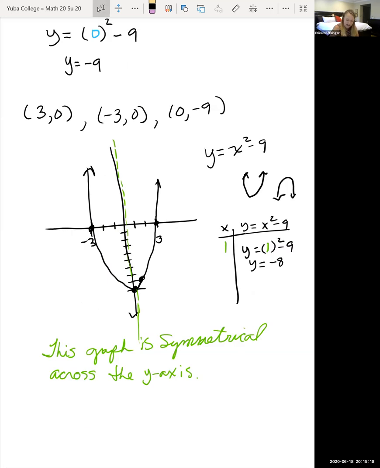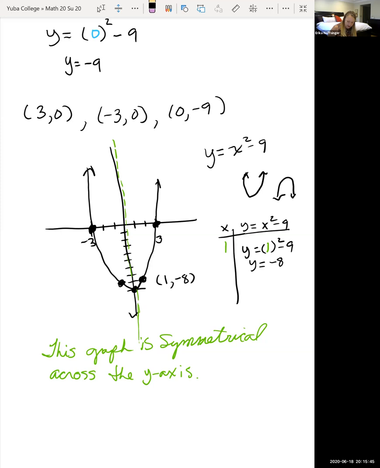Okay, so notice that for any point here, like our point 3, 0, if we fold the paper, there's a point at negative 3, 0. So this point we just found, 1, negative 8, if I folded my paper along that line, I get another point that's on the graph.